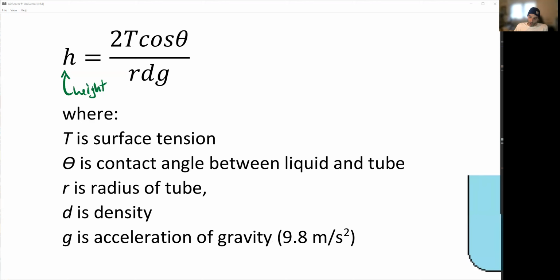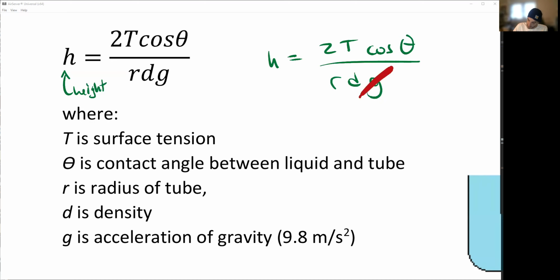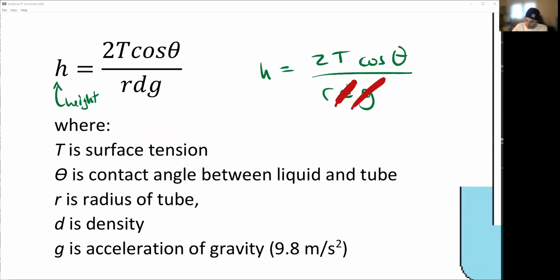So ultimately, I'm going to rewrite this quickly. Height is equal to 2T cosine theta. If we're just looking at the differences of this, we know that gravity is not going to change, so we can eliminate that. And if we assume the same substance we're looking at, density goes away. The angle, if we're assuming we're putting it straight down, we can ignore the angle of attack.